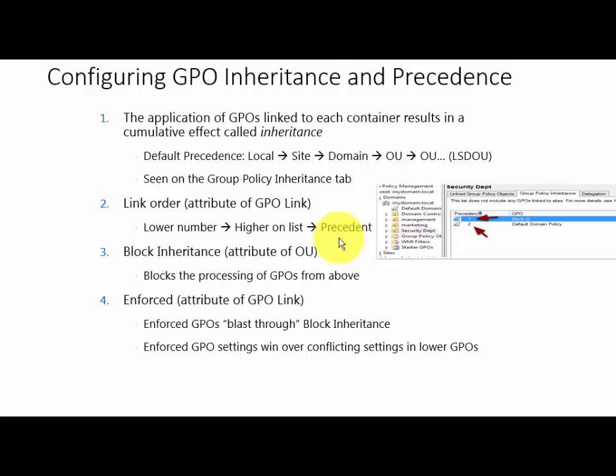Maybe it's not on the top, but it's the lowest number. Maybe 5 is on the top. First process this, then process this, but the lower number gets the precedence. If number 1 is enabled and this is 2 or maybe 5, then in the case of conflict, the lower number wins.